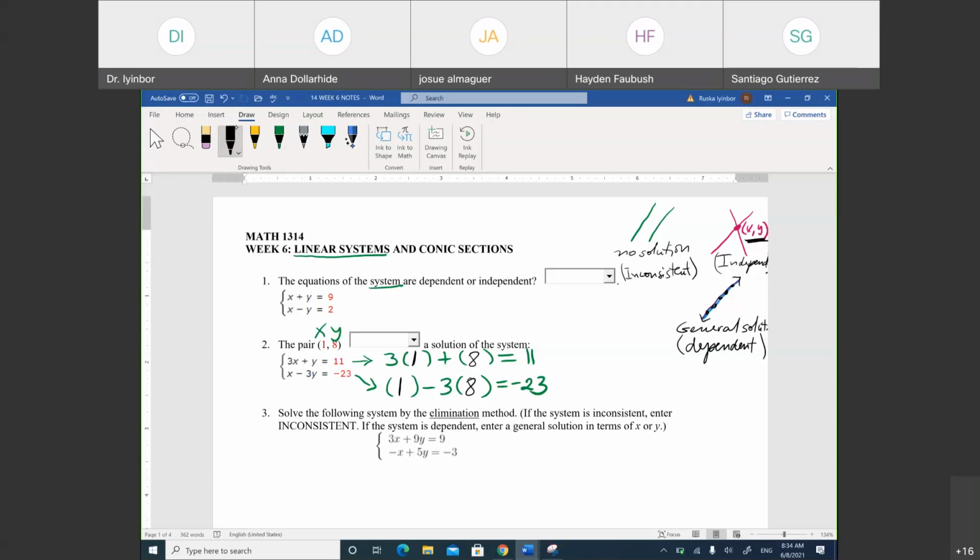The first equation will give me 3 times 1 is 3, plus 8 equals 11. Is that true? Yes, 8 plus 3 is 11. And then you're going to check the second equation. You have 1 minus 3 times 8, which is 24. Does that equal negative 23?